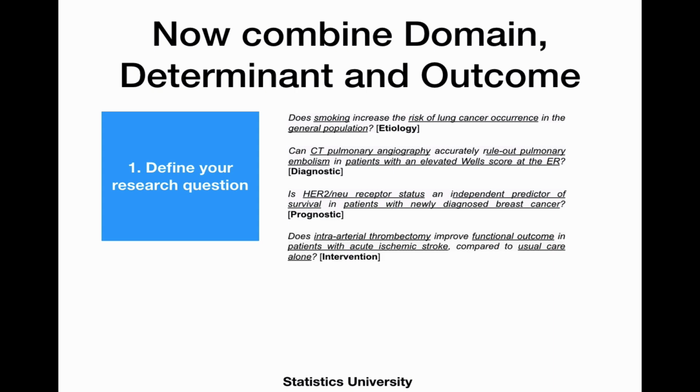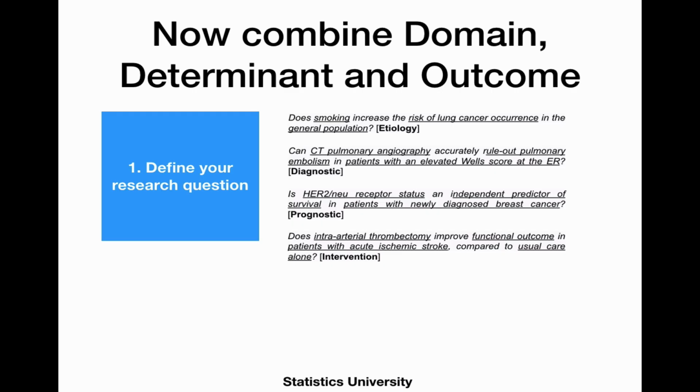An intervention question could be, does intra-arterial thrombectomy improve functional outcome in patients with acute ischemic stroke compared to usual care alone, where intra-arterial thrombectomy is the determinant, functional outcome is the outcome, and patients with acute ischemic stroke is the domain.